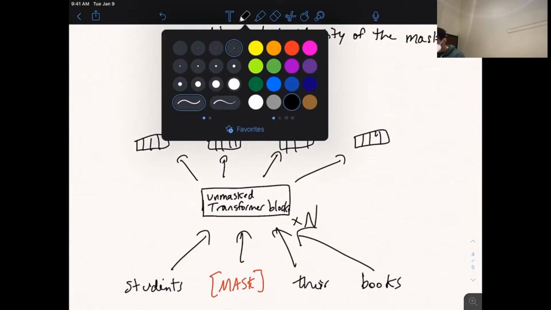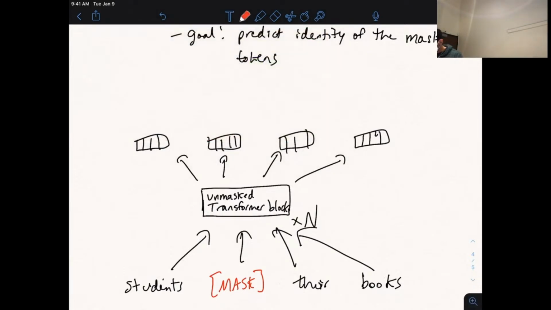So what we can do is, for the token that corresponds to the mask token, the one right here, we can put a softmax layer on top of this particular position to predict the identity of the missing token. So here, to predict the word opened, which is the ground truth word, right?